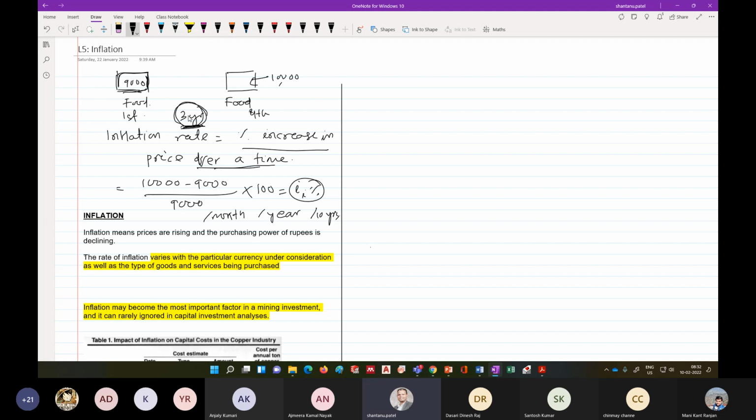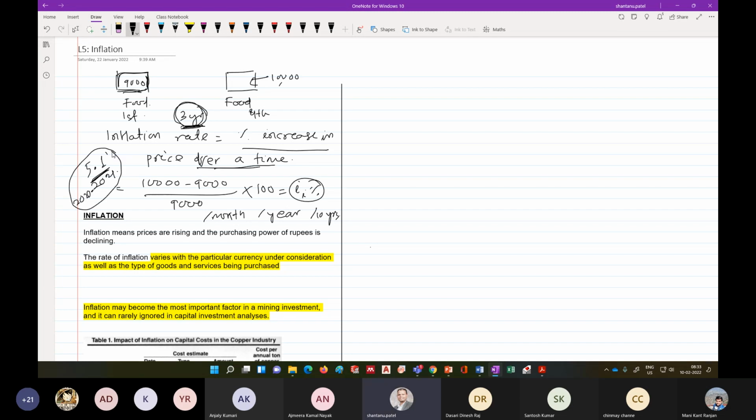For us in India, our inflation rate is around 5 point something, I don't remember, 1 or 2 or something like that, for 2021, compared to 2020.